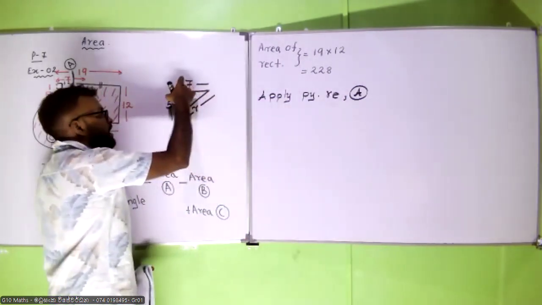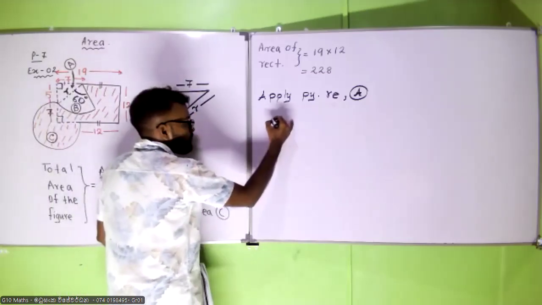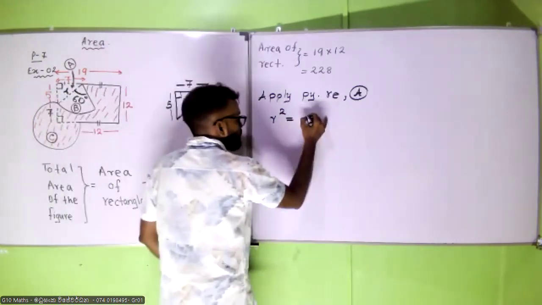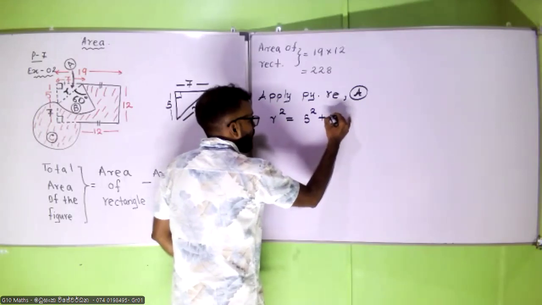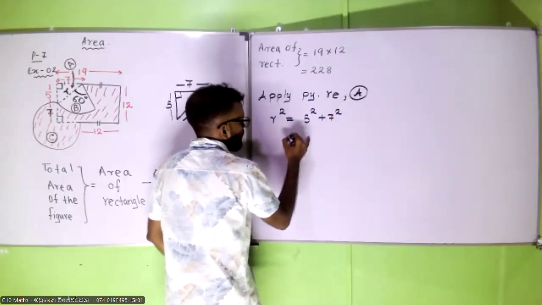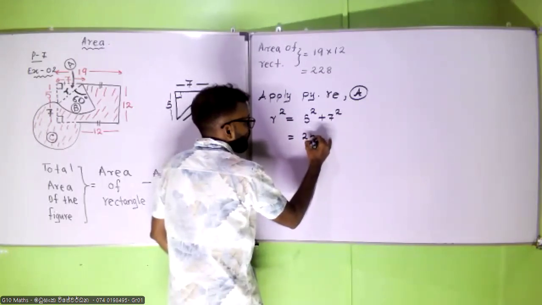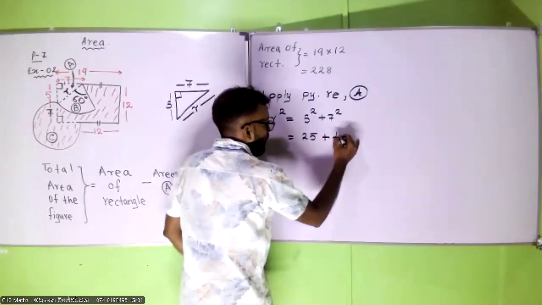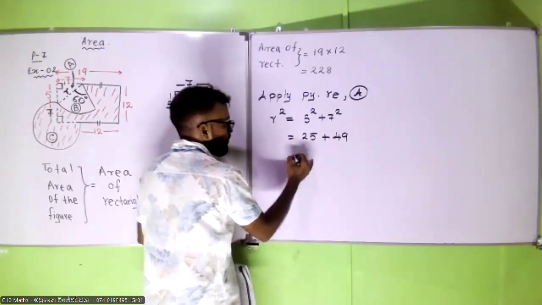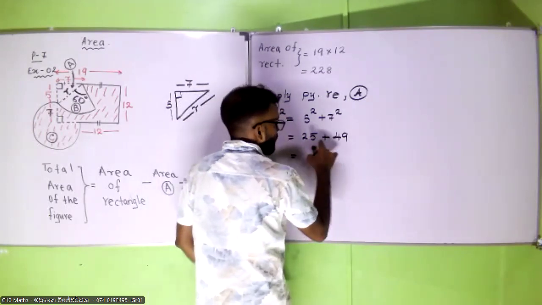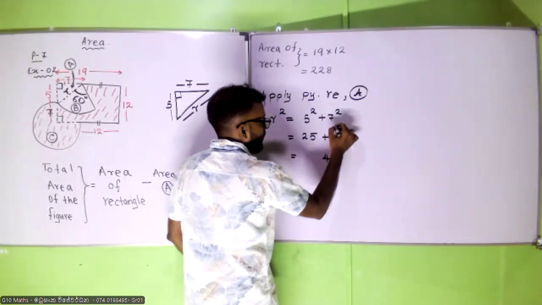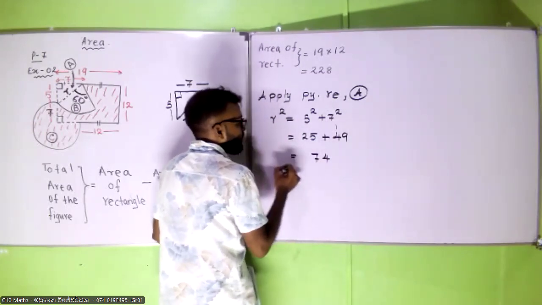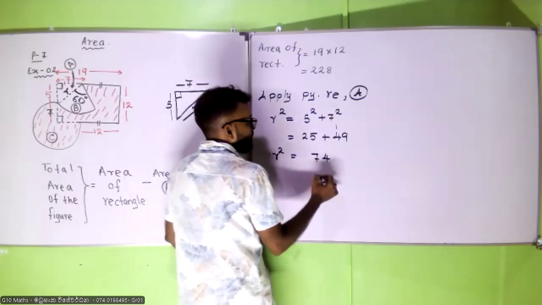So this is the length R. R squared equals 5 squared plus 7 squared. 5 squared is 25, and 7 squared is 49. 25 plus 49 is 74. R squared is 74.